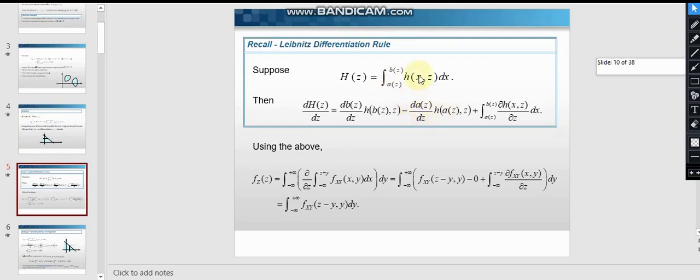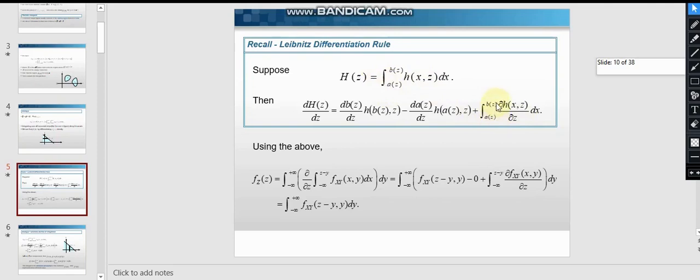Then we'll incorporate in this function the lower limit of x. So in the third term we will integrate it. We will take the derivative of this function with respect to z, and we'll integrate from a to b.